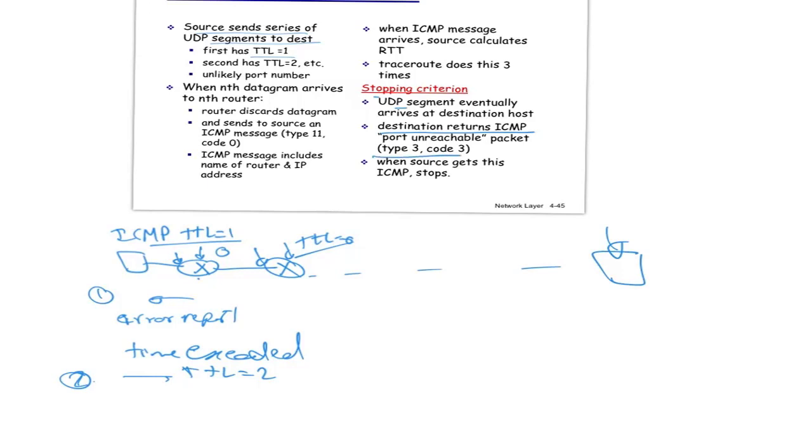Port unreachable means that the application that is supposed to respond to your ICMP message is not running. But this indicates that you have reached the host, since my application runs at the host. Once you reach the host, you stop. So that's typically what happens during traceroute.